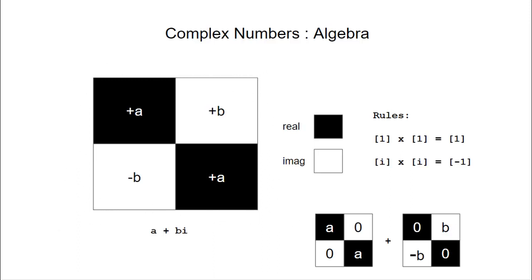The A and the B coexist in the 2x2 matrix, they don't interfere with each other, and they each play a different role when you do mathematical operations on these values, or if you apply a transform to this matrix.